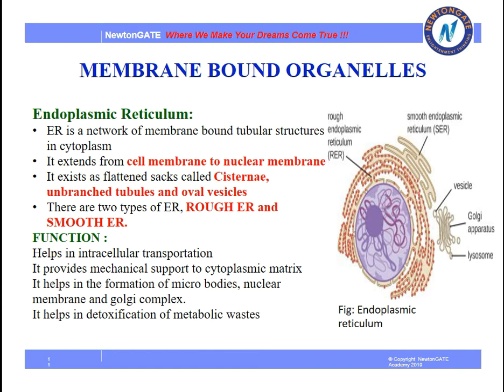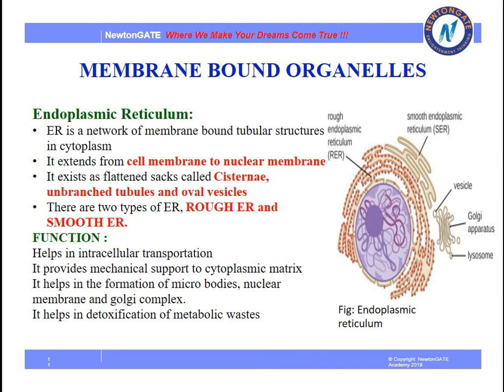At first, we will discuss the endoplasmic reticulum. Endoplasmic reticulum is a network of membrane-bound tubular structures in the cytoplasm. It extends from the cell membrane to the nuclear membrane, and it can exist as flattened sacs called cisternae, unbranched tubules, and oval vesicles.